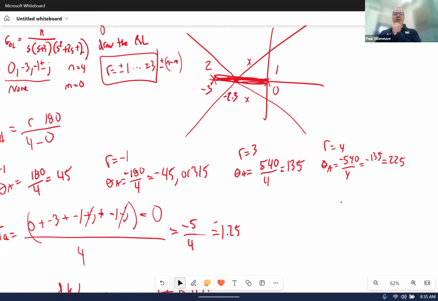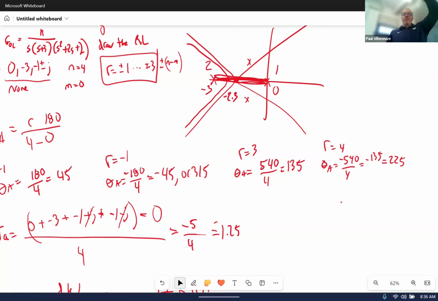So based on that information, can you approximate where the root loci is going to go, at least for the ones on the real axis? Probably going to go this way, right? And the reason being is because you're to the left of the asymptote central location.